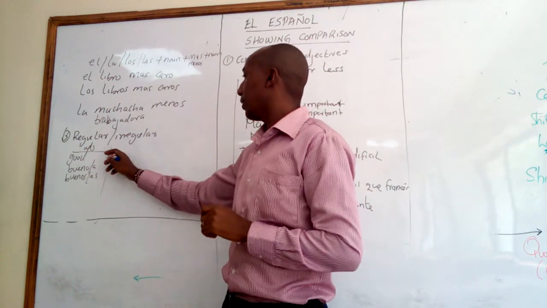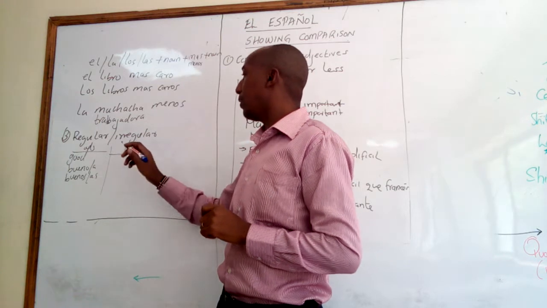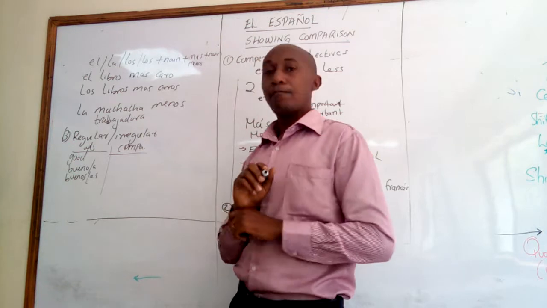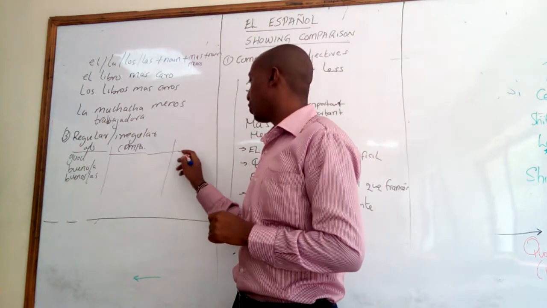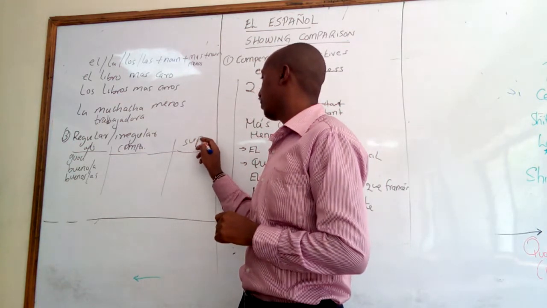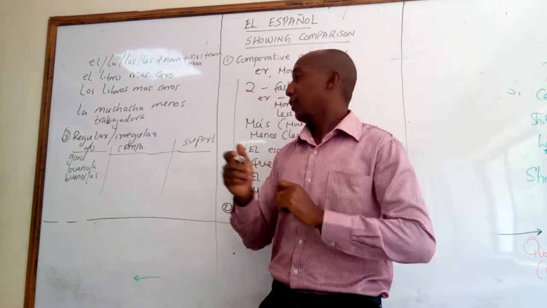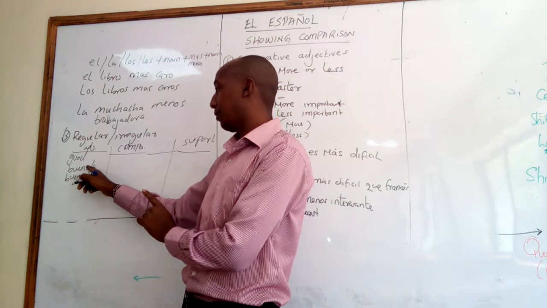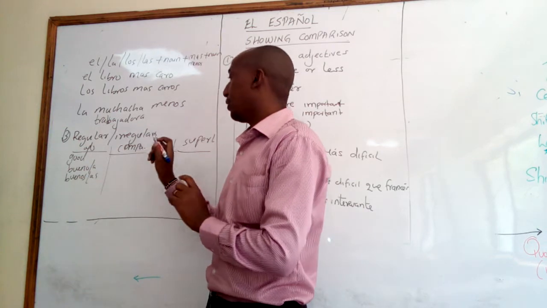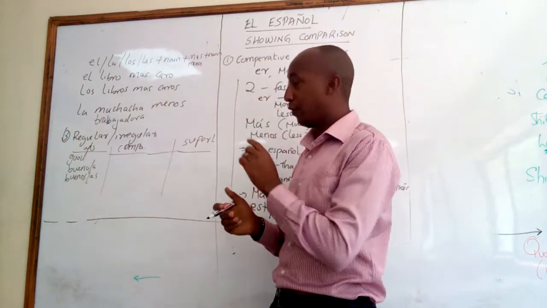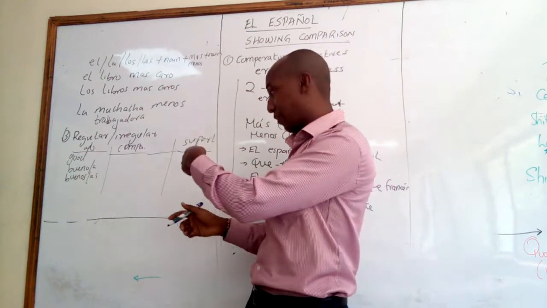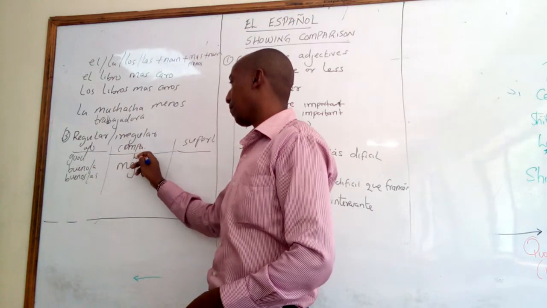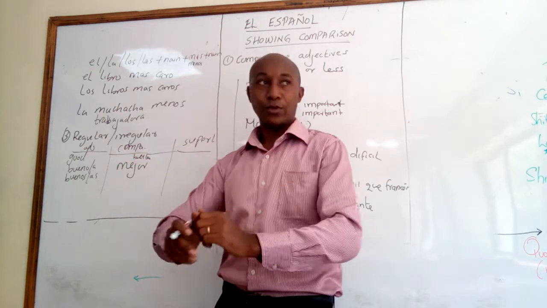We also have our comparative, and then on this side I'm going to have the superlative. Before I go to the superlative, I have to show my comparative, which is mejor, which is better in this case. That one is only one.